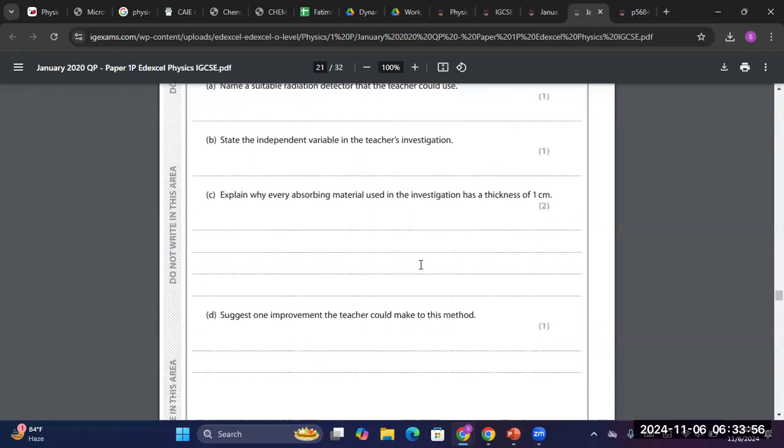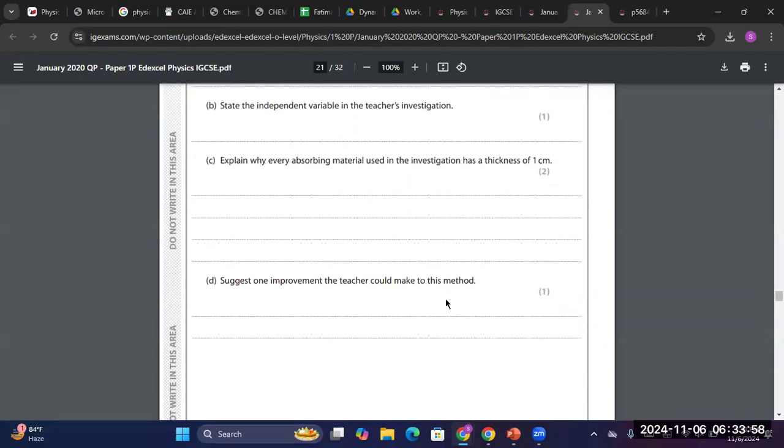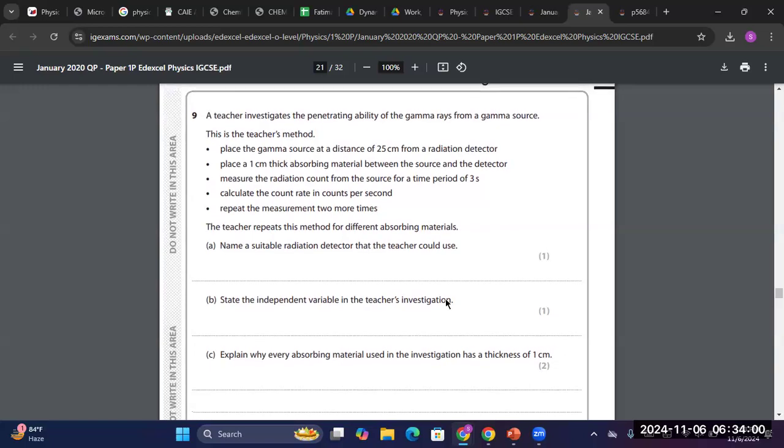Think of an improvement in the method, not in the equipment, not in the instrument, in the method. I don't know. Shreya, can you think of something?